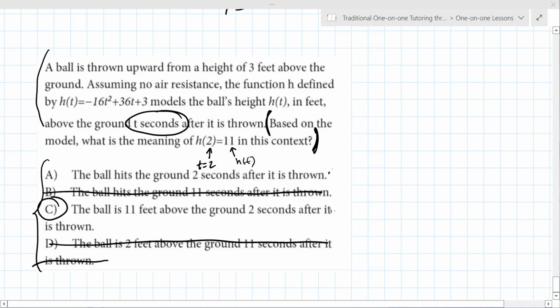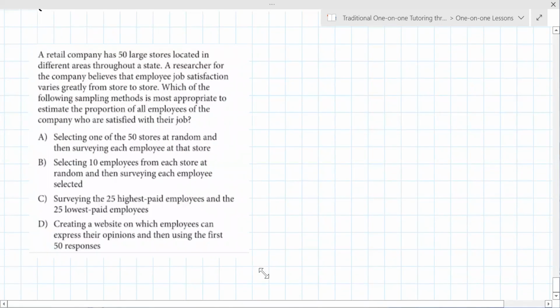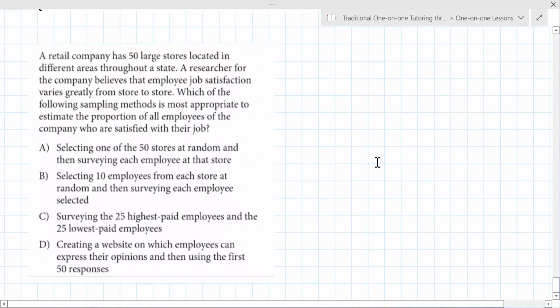All right, let's go back and do another one of these problems here. All right, so go ahead and see if you can work this all the way through.